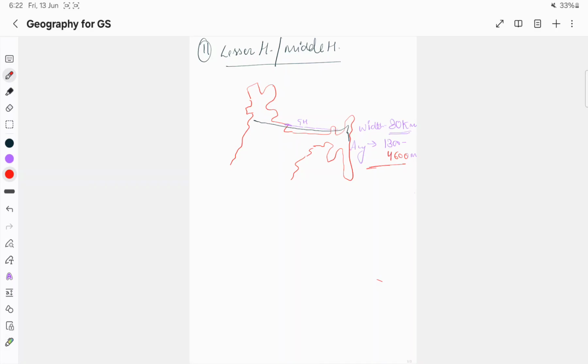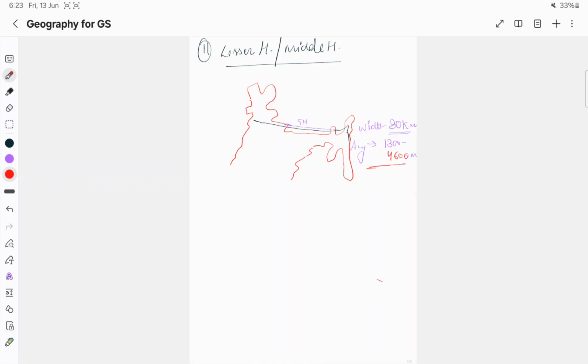These mountains are very loosely packed, and the rocks are not as strong as in the Greater Himalayas. We see extensive erosion in these parts because of rainfall, and because of human factors we have deforestation also.